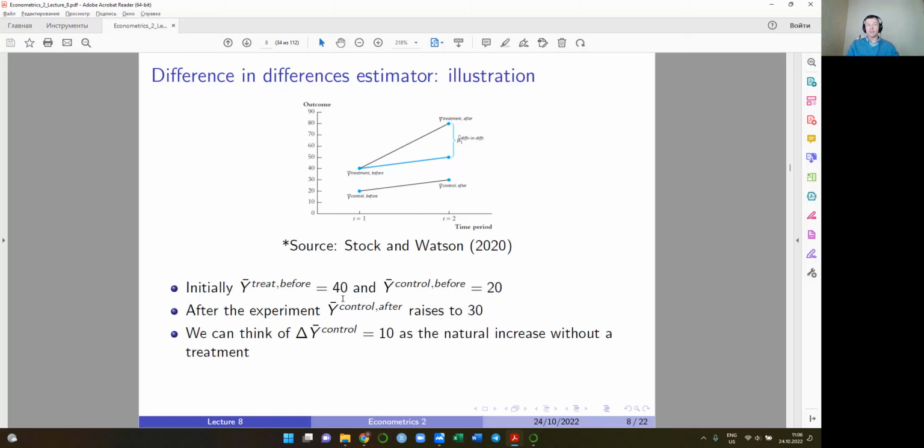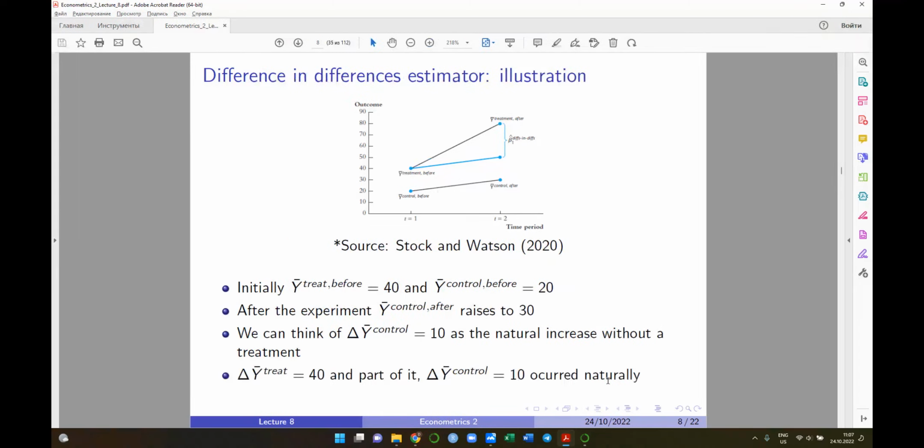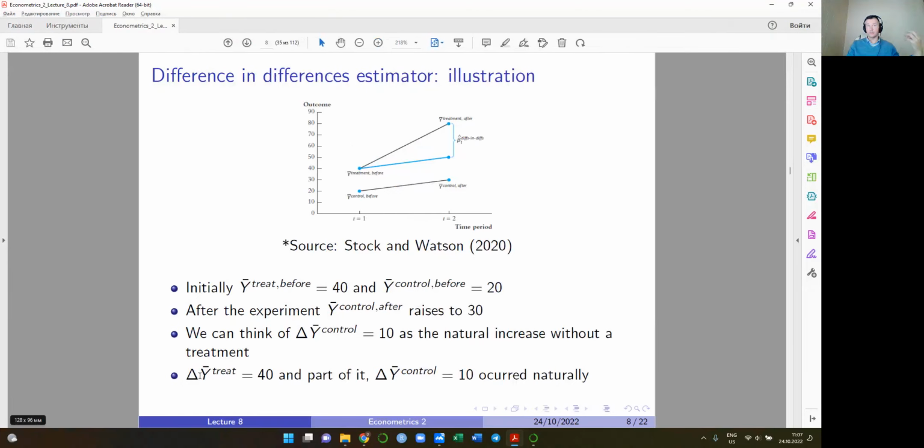So therefore, we would expect that this 40 would also increase by 10 to 50. But we observe that the difference was 40. And part of this difference occurred naturally. So therefore, the treatment effect is 40 minus 10, which is 30. Very simple, very logical, very elegant way of estimation of this causal effect.